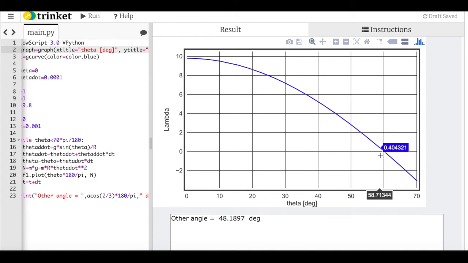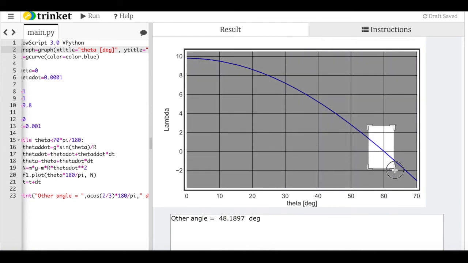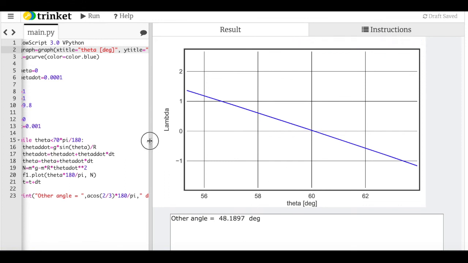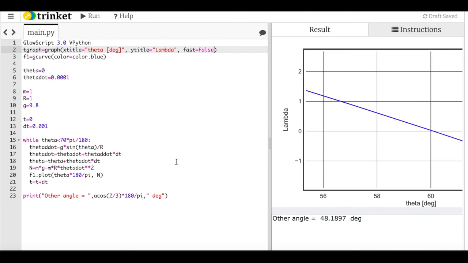So if I zoom in, I think I can just highlight that. Yeah, there, 0 is at 59 degrees. And that's 48. Why don't those two things agree? Well, I did this problem before. Okay, I guess I'll get back to this. Pausing here, and I'm going to figure out what's going on.